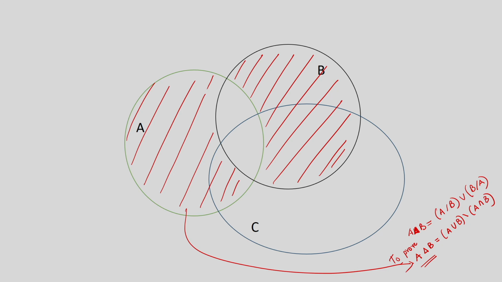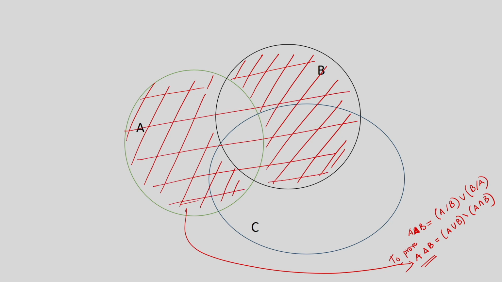Okay. On the right hand side, what do I have? On the right hand side, I have A union B minus A intersection B. Okay. What is A union B? A union B is the whole thing. So, this whole thing is A union B, right, and from this I have to take out this one. Suppose I demarcate by this horizontal portion.